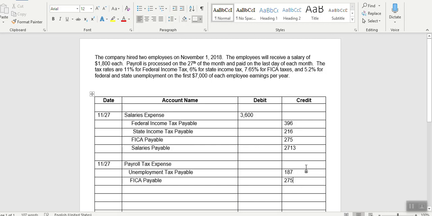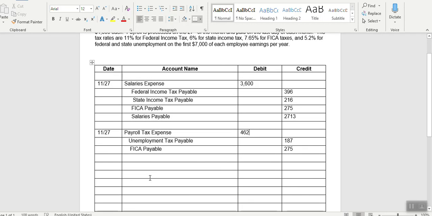Those are the taxes that the employer is responsible for paying. So those are our credits. We're going to add those together, and the total of those two is actually the payroll taxes that the employer is funding. So that's their payroll tax expense. All right, so that gets your two entries for the date of payroll.